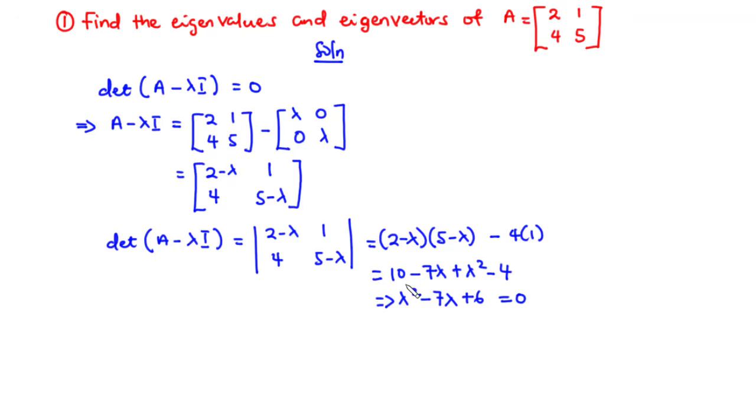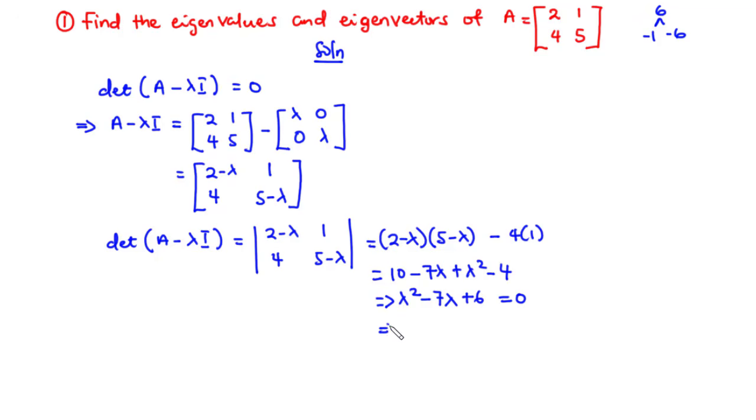Now the coefficient of lambda square is 1, coefficient of the constant is 6. So we need to find the factors of 6, that when you multiply you are going to get 6, and then when you add them up you are going to get negative 7. So we know that negative 1 times negative 6 is 6, and then negative 1 plus negative 6 is negative 7.